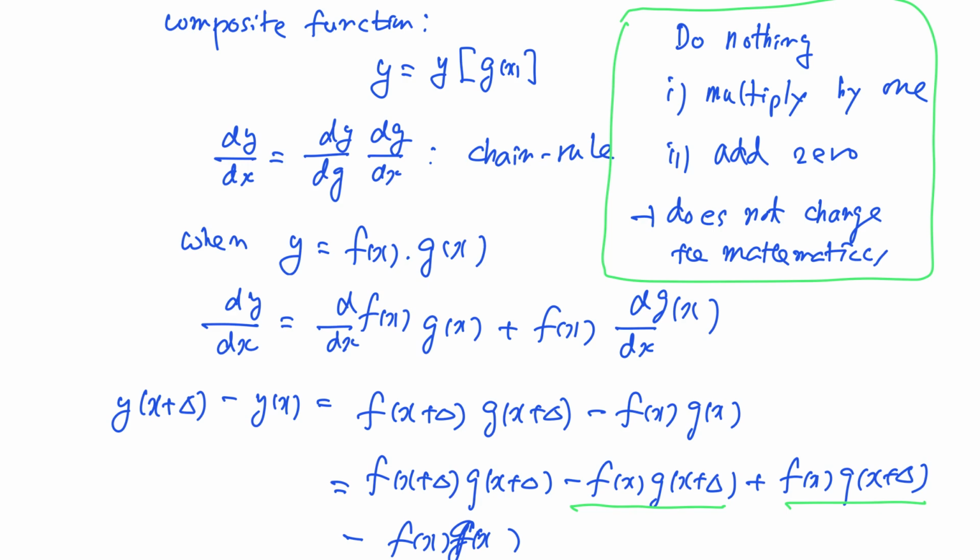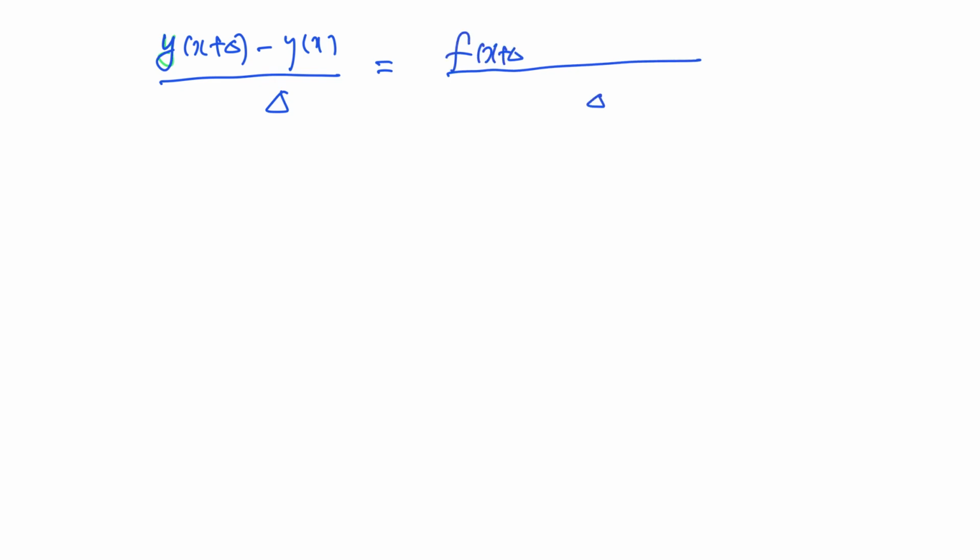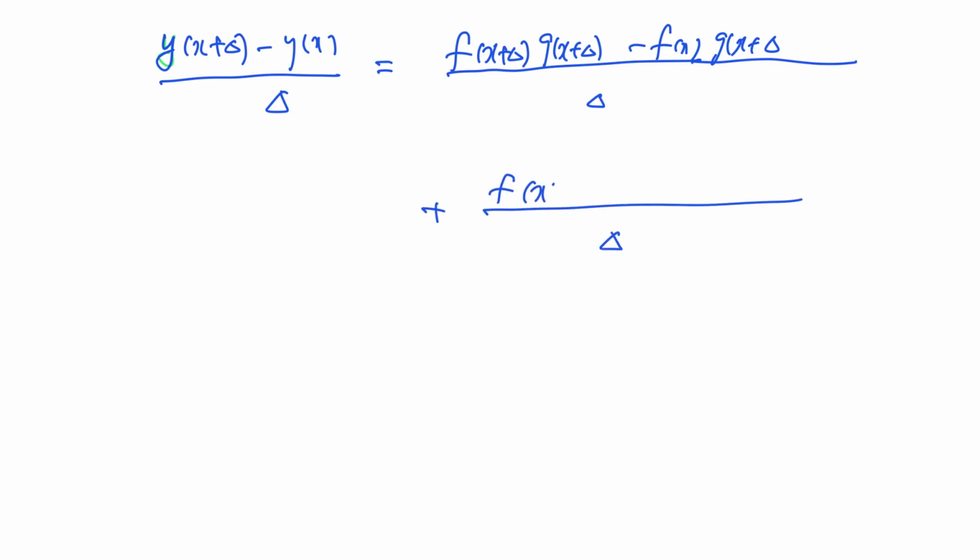So [y(x plus delta) minus y(x)] divided by delta is 1 over delta times [f(x plus delta) g(x plus delta) minus f(x) g(x plus delta)] plus 1 over delta times [f(x) g(x plus delta) minus f(x) g(x)].